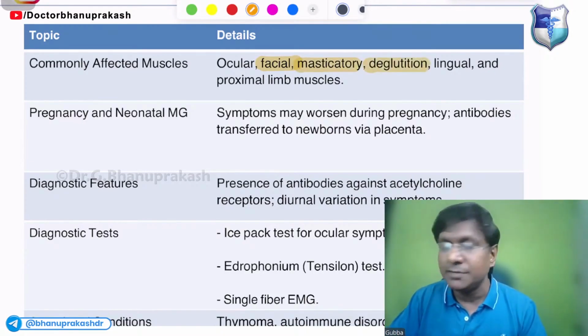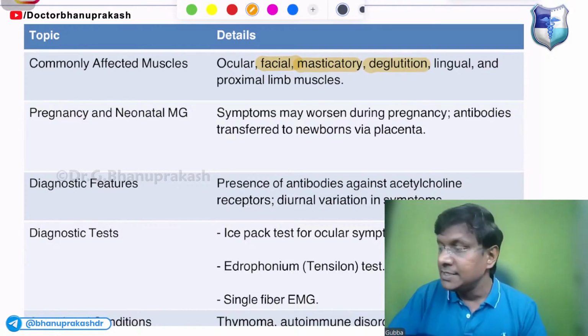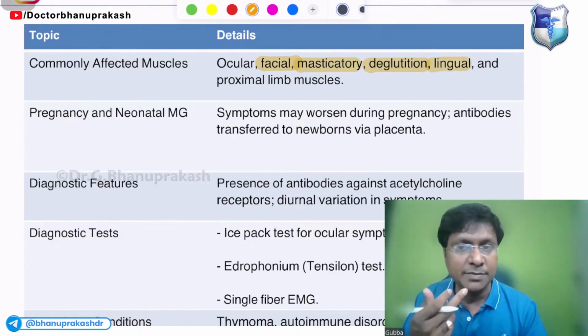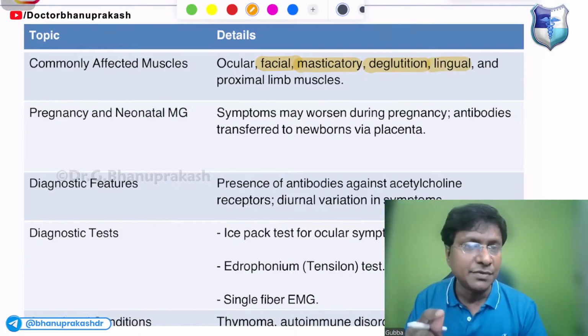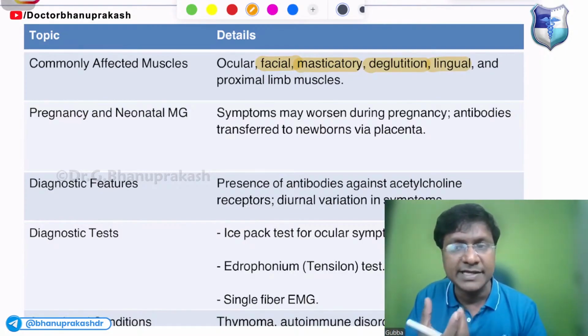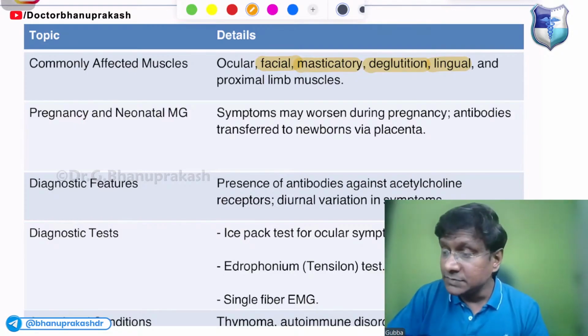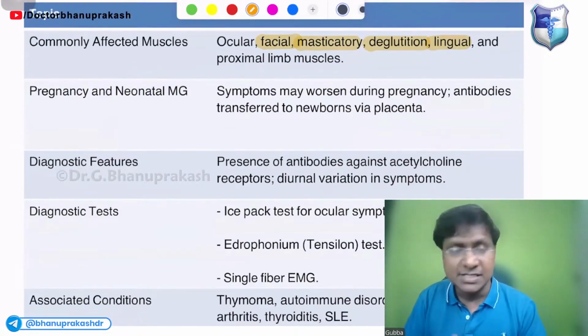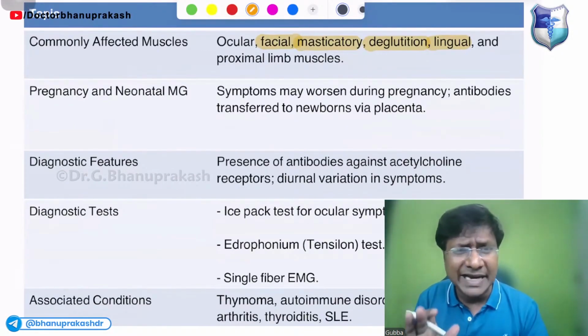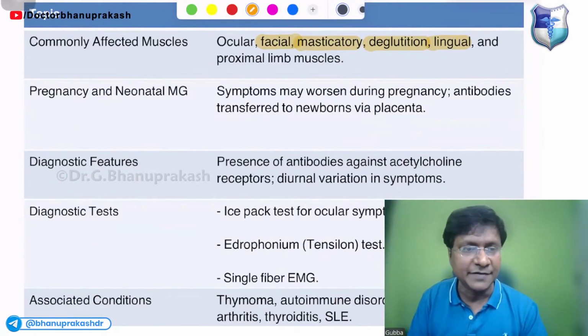There will also be involvement of the pharyngeal muscles, causing difficulty in deglutition, and of the lingual muscles, causing difficulty in speech. In skeletal muscle involvement, proximal muscles as well as distal muscles are affected.